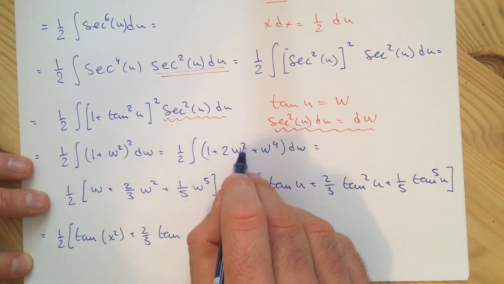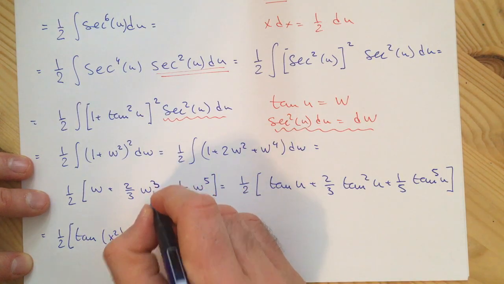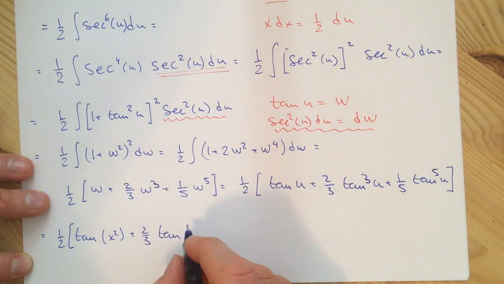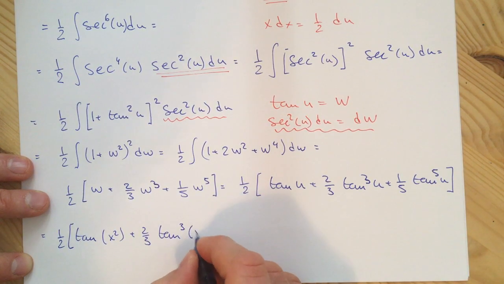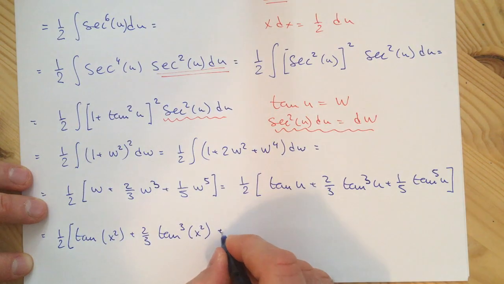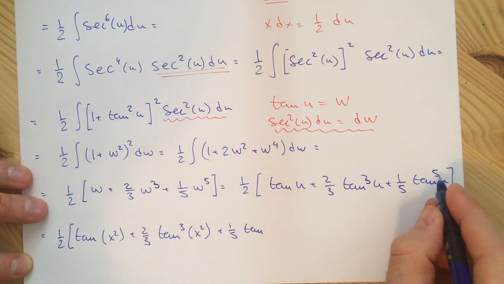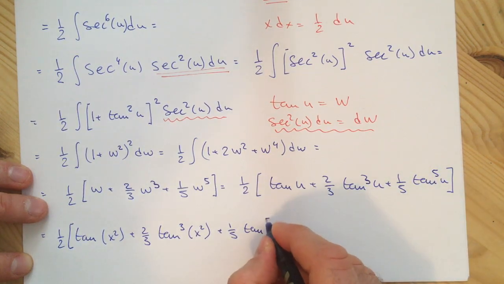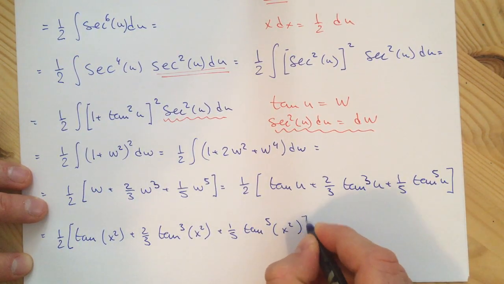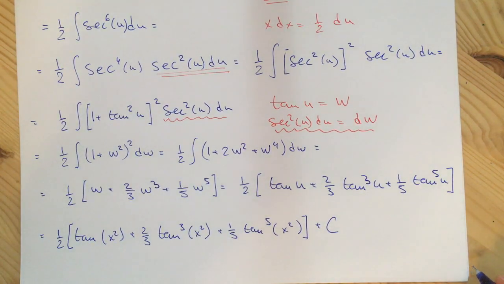The integral of w squared is w cubed, sorry. So tangent cubed of x squared plus 1 over 5 tangent to power 5 of x squared. Of course, don't forget this constant here.